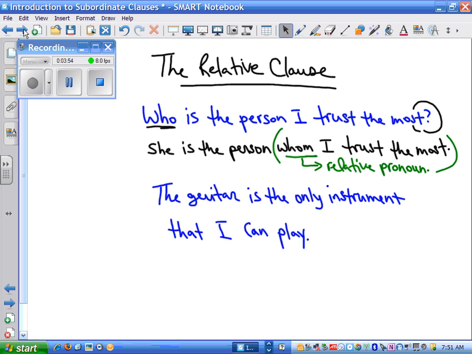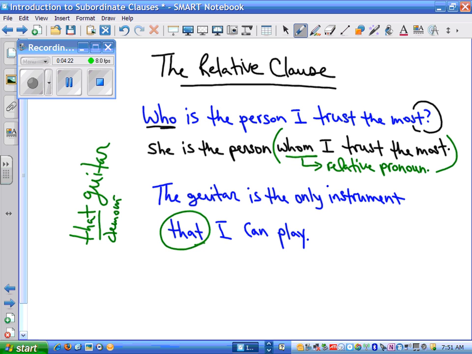In our next sentence, the guitar is the only instrument that I can play. That. Remember, in a different sentence, that might be a demonstrative pronoun. That guitar. So here we have a demonstrative pronoun describing this noun.